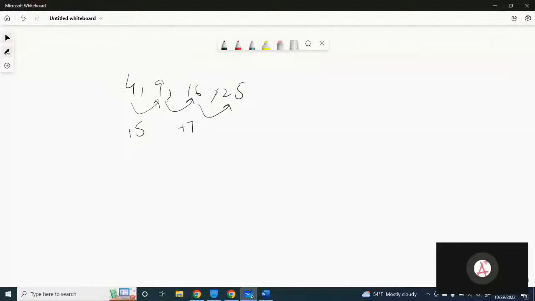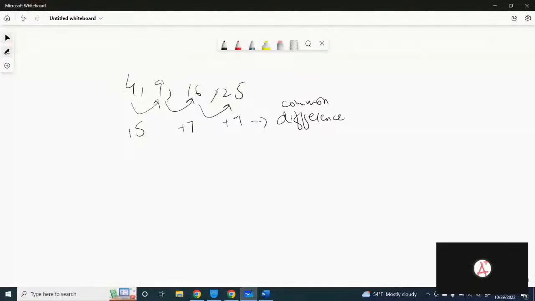And 16 plus what number makes 25? 25 minus 16, 9 makes 25. That means the common difference isn't the same. So the common difference in this case is not the same. That means it is not arithmetic.